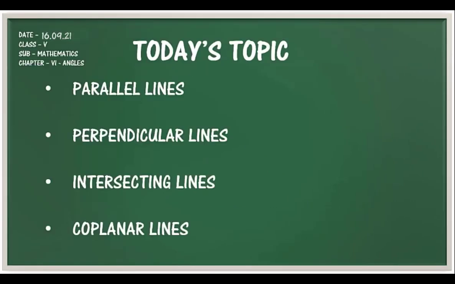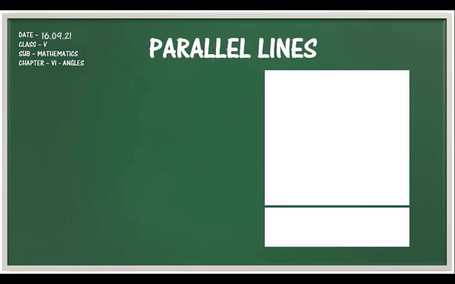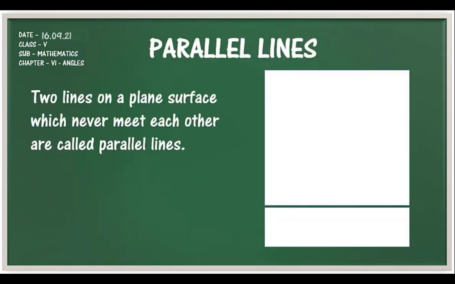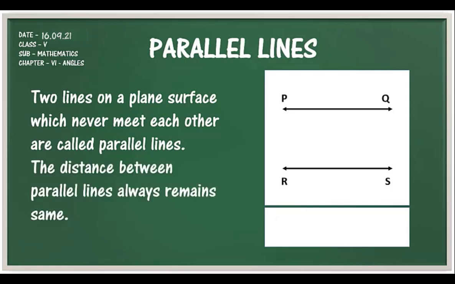What are parallel lines? Two lines on a plane surface which never meet each other are called parallel lines. The distance between parallel lines always remains the same. For example, as you can see here, lines PQ and RS will never meet because the distance between these two lines is the same at every point.